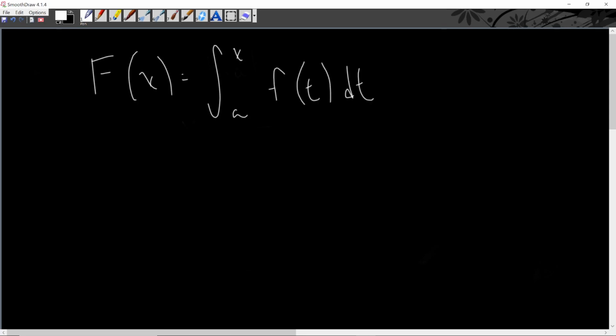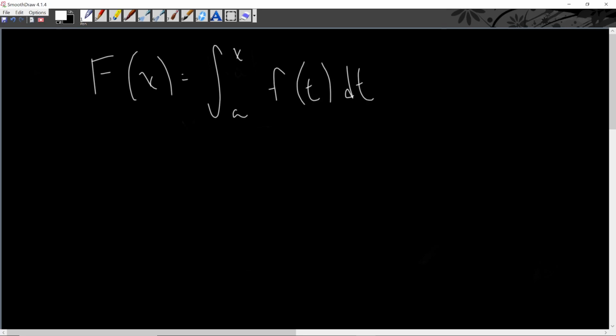So we define F of x is equal to the integral from a to x of f of t dt.